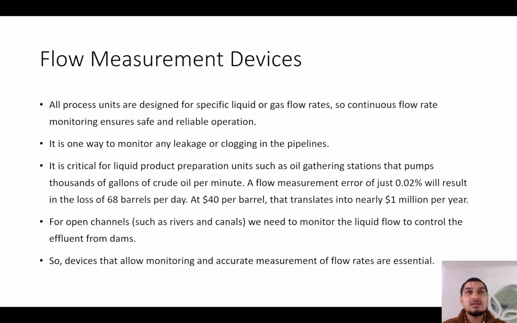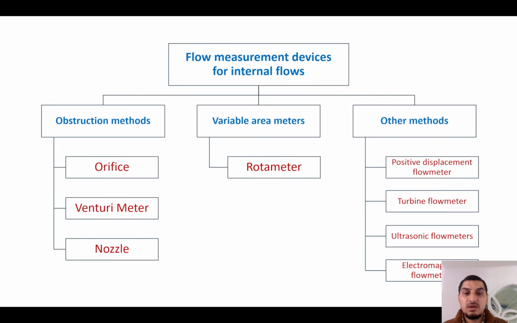Of course, this is a very, very big topic, so we are not going to go through a lot of details here. I'm just going to cover some different types of flow measurement devices. We can put them under different branches. The one that we will discuss is the obstruction methods, because they share the same concept. And we have the variable area meters, like the rotameter.